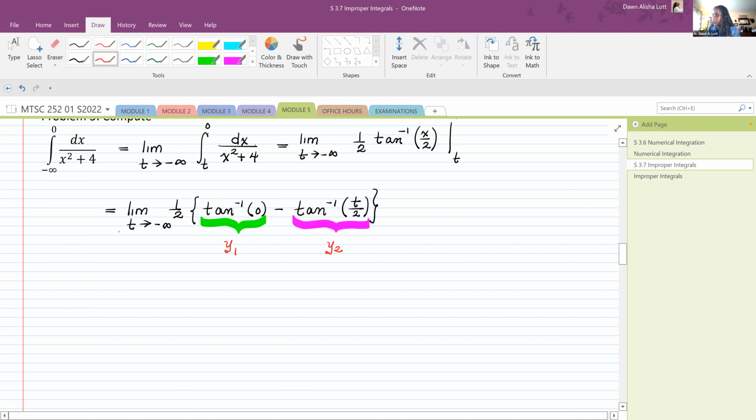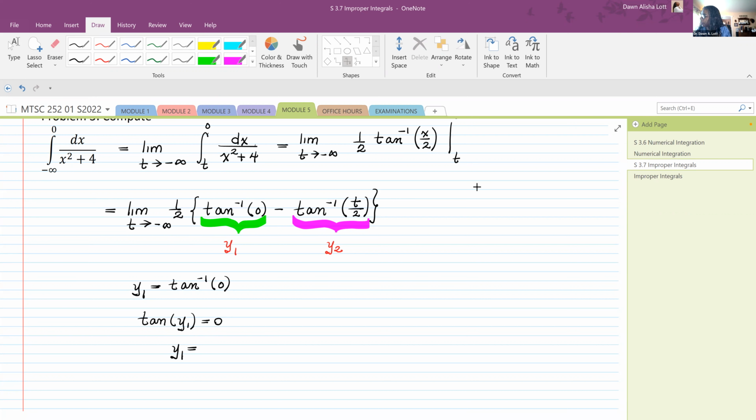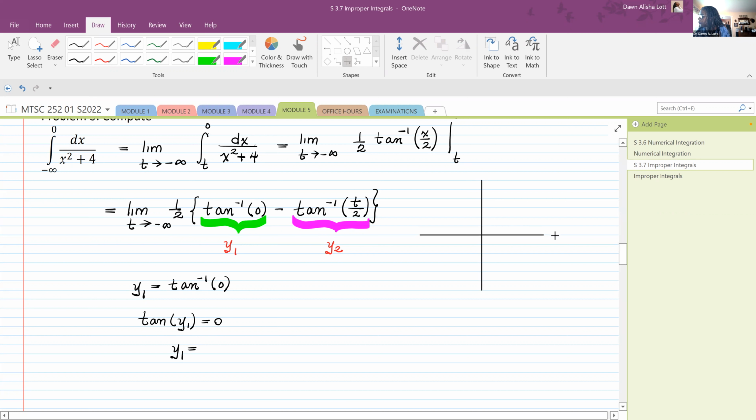The first one does not have a t in it at all. So Y1 is equal to the tan inverse of 0. That says the tangent of Y1 is equal to 0. What is Y1? What is the angle whose tangent is 0?